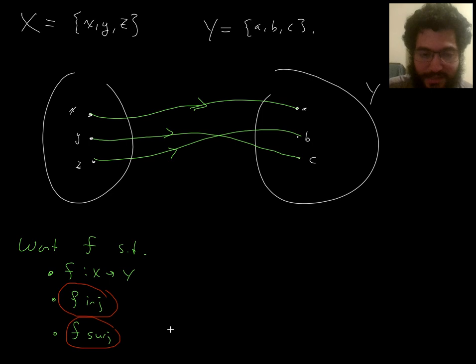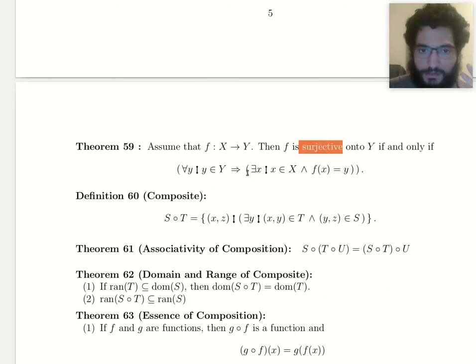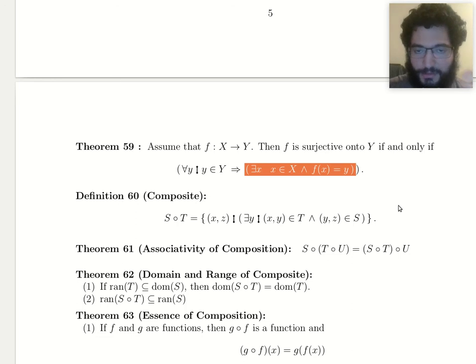Surjectivity is like an existence statement. It's saying everybody has at least one thing mapping to it. So for everything here, there exists something back there mapping to it. And in fact, this idea that surjectivity is an existence statement, you can see literally here in this thing that you'll do on your homework. The existence statement shows up.